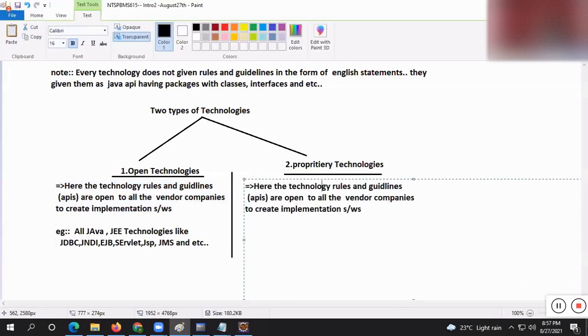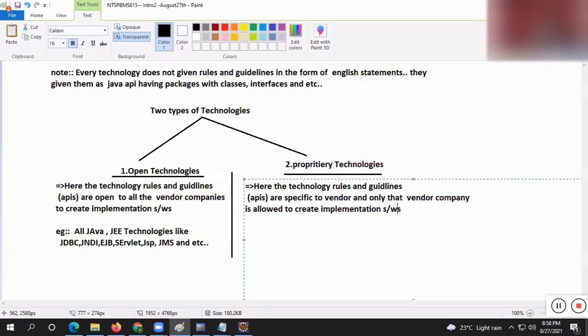Here, the technology rules and guidelines are specific to one vendor, and only that vendor company is allowed to create implementing softwares.